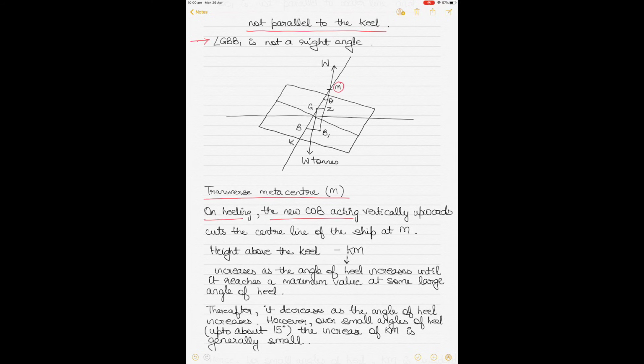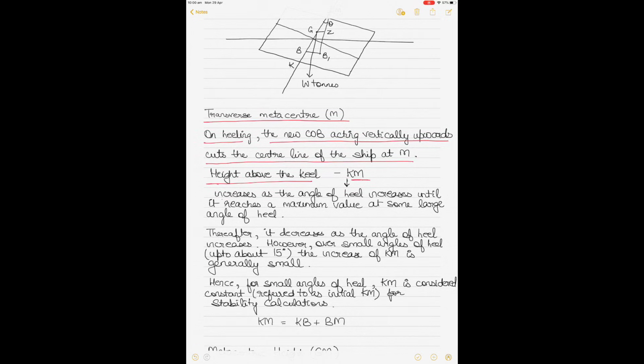So on heeling, the new center of buoyancy acting vertically upwards cuts the center line of the ship at M. The height of M above the keel is referred to as KM. This height increases as the angle of heel increases until it reaches a maximum value at some large angle of heel, after which it starts to decrease.